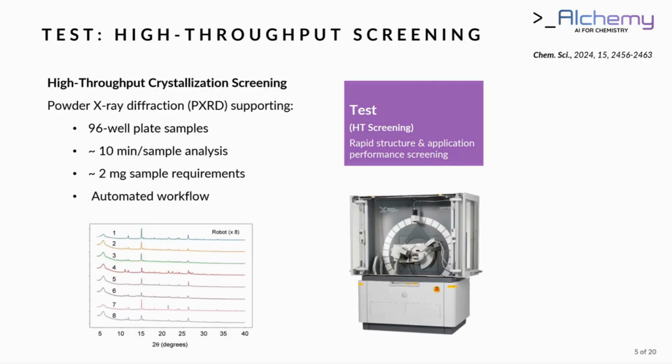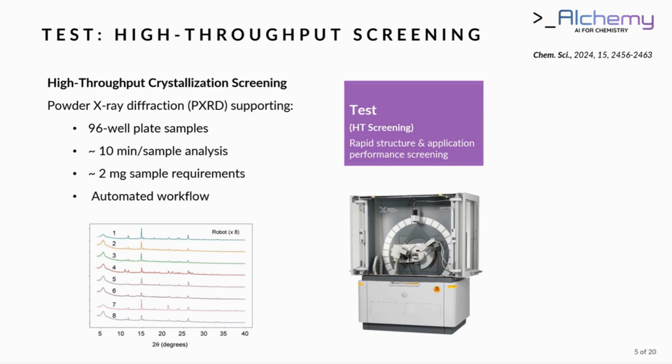So first, for the test, we are talking about high throughput screening, because for different applications we require different measurement methods. But the aim is always the same: to achieve high throughput screening and efficiently identify the promising candidates.